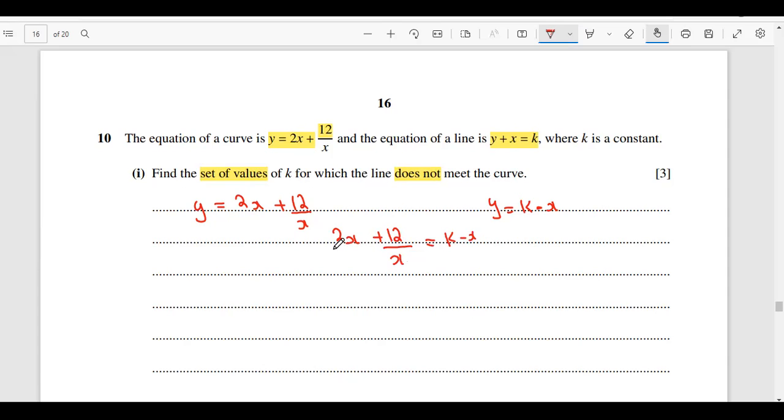I can take LCM over here, so this would give me x squared, and I can take this x to the other side. So 2x squared plus 12 equals kx minus x squared, and I'll simplify this to get 3x squared minus kx plus 12 equals 0.